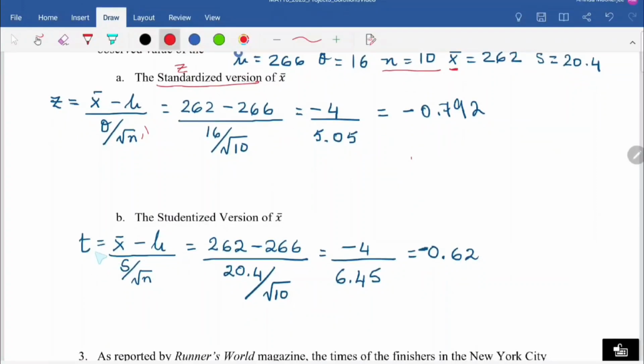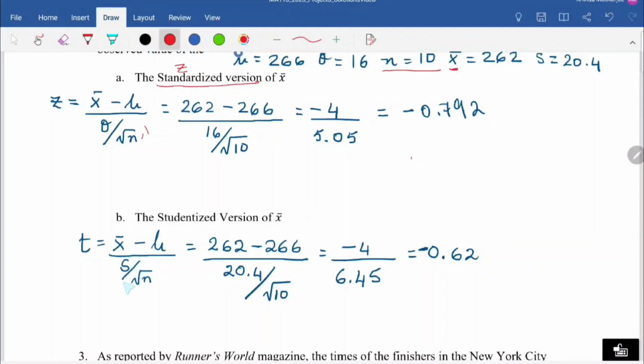The studentized version of X bar is, of course, the T distribution. So it's going to be T equals X bar minus mu over s divided by square root of n. Nothing changes in the numerator. It's only that the sigma is now being replaced by S because whenever we use the T distribution, we are not given the population standard deviation.